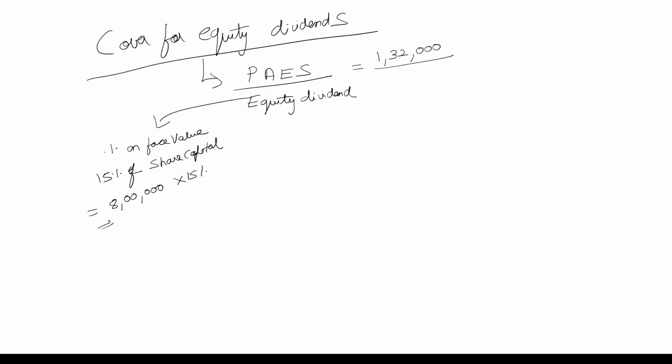That is going to be 1,20,000. So my equity dividend is 1,20,000. So I put that here. PAES divided by equity dividend is the formula for cover for equity dividends. So let's calculate that. We get 1.1 times.